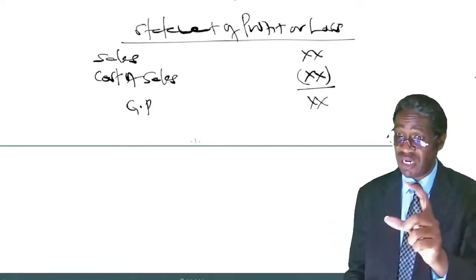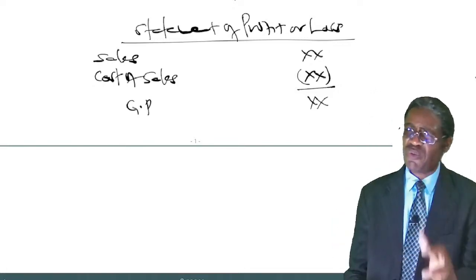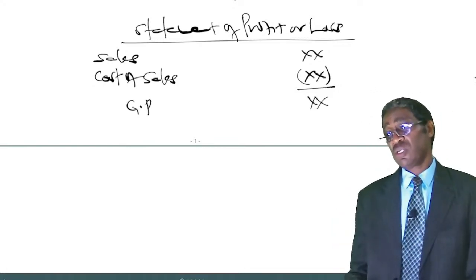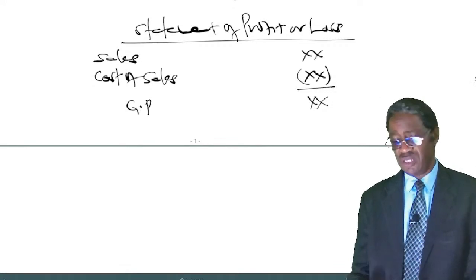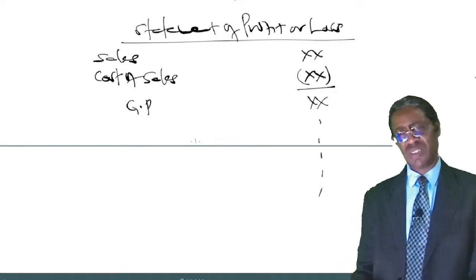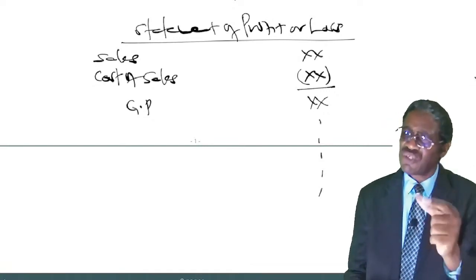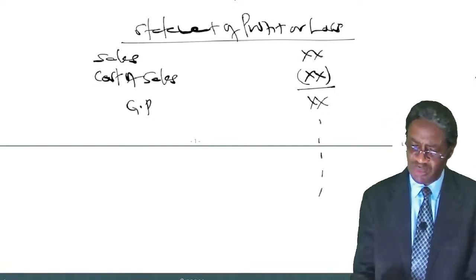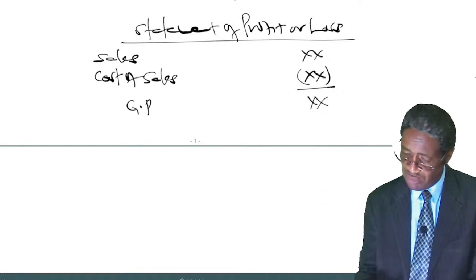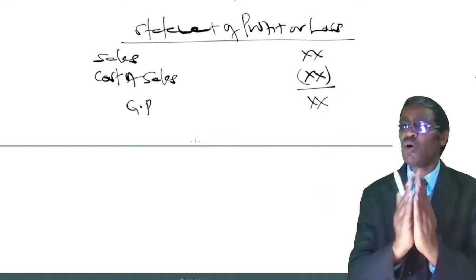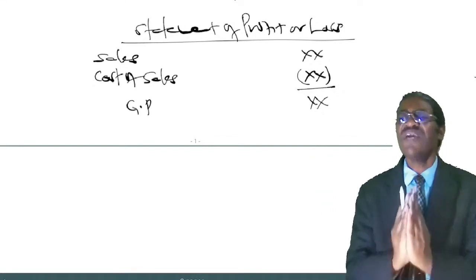You also remember, when you are doing an income statement for a company, you normally minus expenses from the gross profit. That's true. But for publication purposes, you don't list the expenses individually.